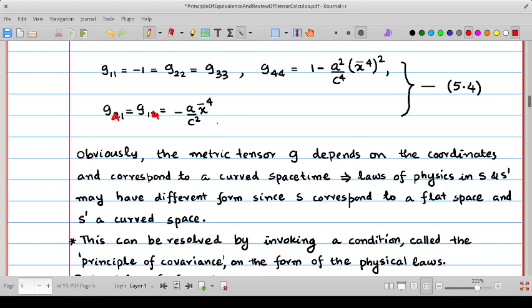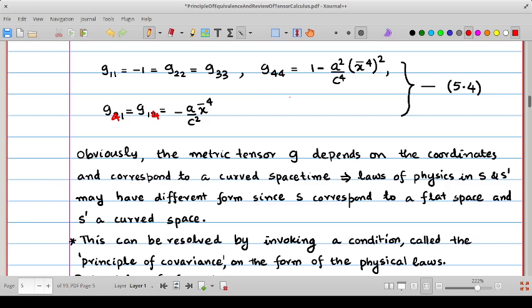Now this metric tensor depends upon the coordinates, and also it involves a second order term in the coordinate. So that means there will be a non-zero second derivative for the metric tensor, and therefore the curvature tensor will be non-zero for this metric tensor.